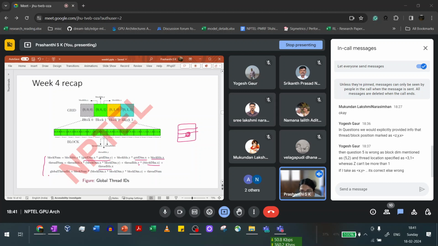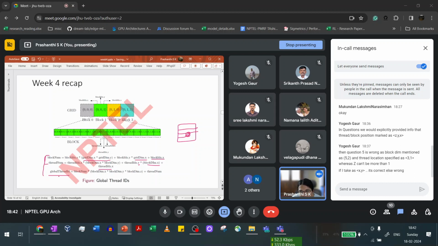Then you are trying to calculate the global thread ID. Given the grid, you'll basically be given these two pairs of three values. If you have to find the global thread ID, first you figure out which block it is from, and then the thread number within that block.